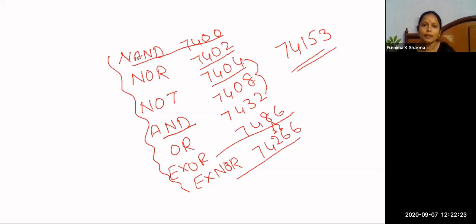NAND and NOR gates are universal gates. So first write these two, then NOT gate, NAND and NOT, AND gate, NOR and NOT, OR gate. XOR you have to remember 7486. XNOR is 74266.